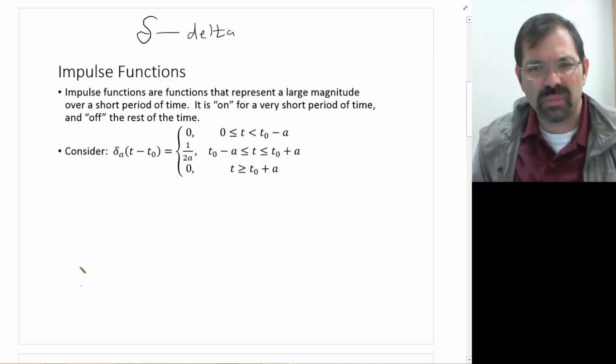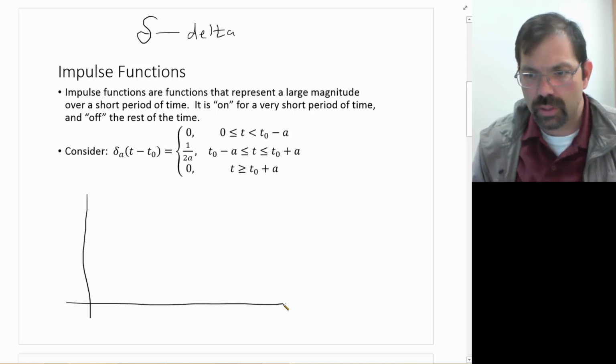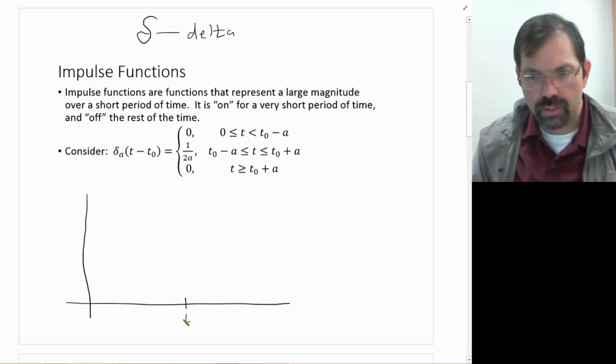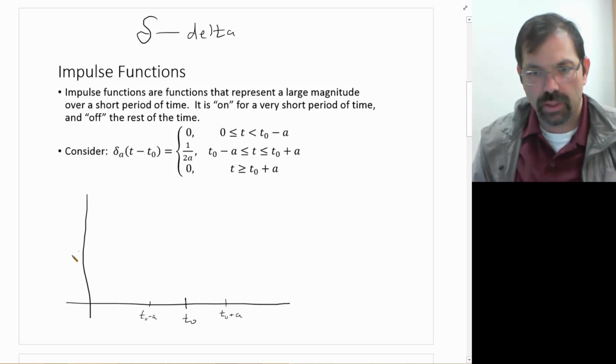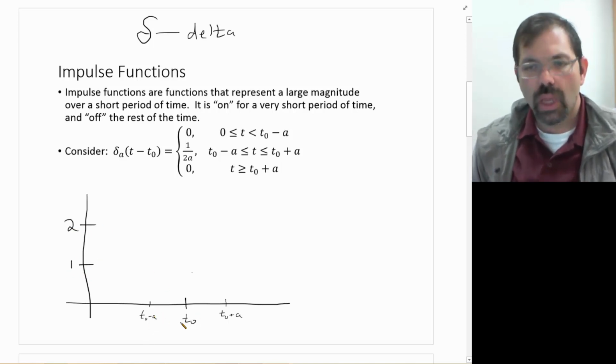Now let's see, what does this mean? What does this graph look like? So let's build some axes here. Here's some value t naught, here's t naught minus a, and here's t naught plus a. Let's put a little bit of scale here, so let's suppose that there's 1 and 2 on the y-axis.